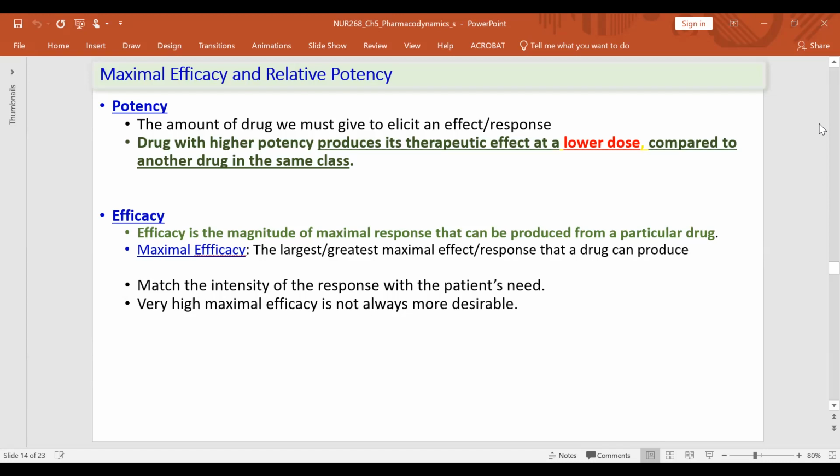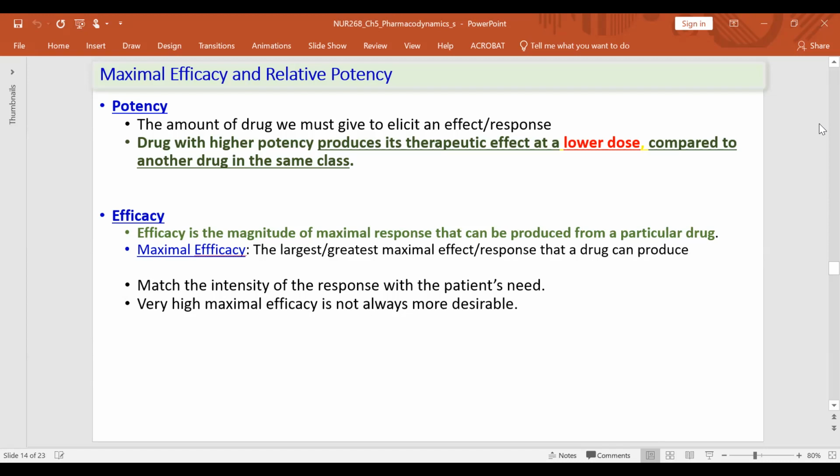There are reasons why we prescribe amlodipine to patient A, but patient B is supposed to be on nifedipine. There is always a scientific reason why different medications from the same class are prescribed to different patients. So again, potency as a quality of the drug is not as important as the efficacy.